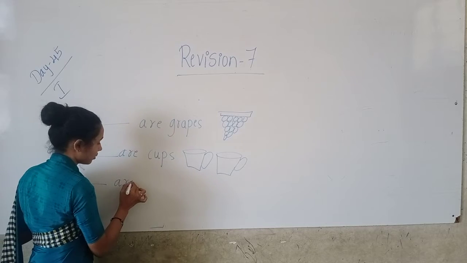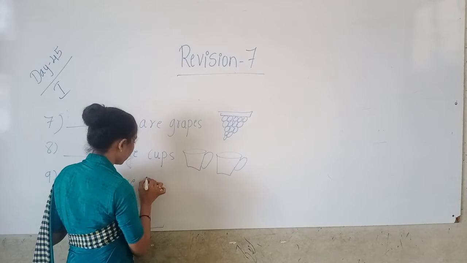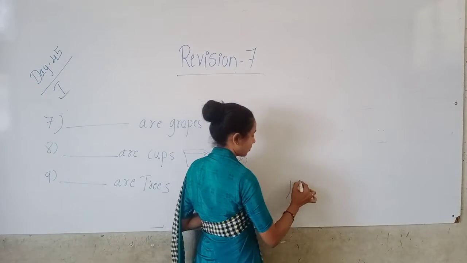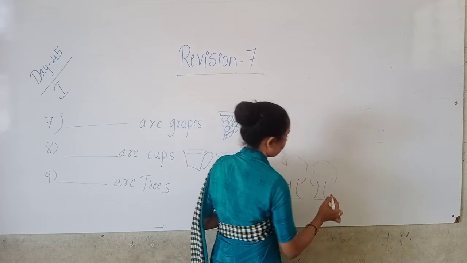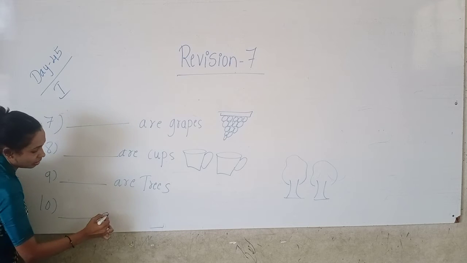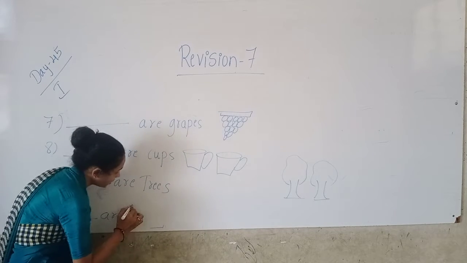Dash are trees. Tenth one. Dash are pencils.